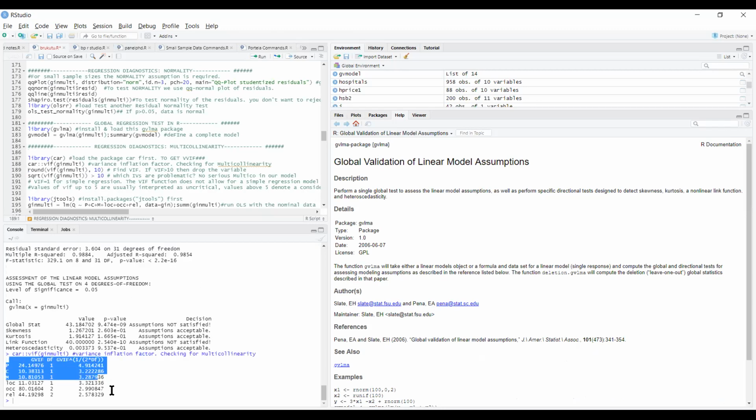The focus is to use the last column, the GVIF to the power of 1 over 2 times the degrees of freedom. This last part is the critical point that you want to look at.